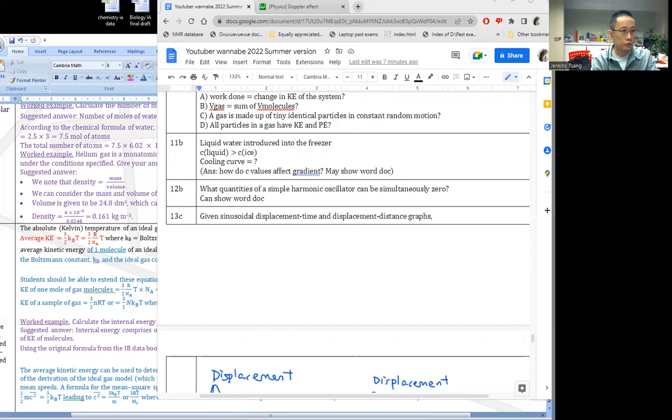Question 11, water at room temperature is placed in a freezer, and they ask you for the correct cooling curve. So cooling the water, then freezing the water, and then further cooling the frozen ice. The four graphs given have different gradients for the cooling of the water versus the cooling of the ice.